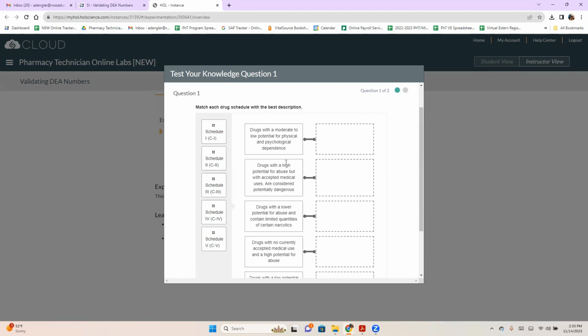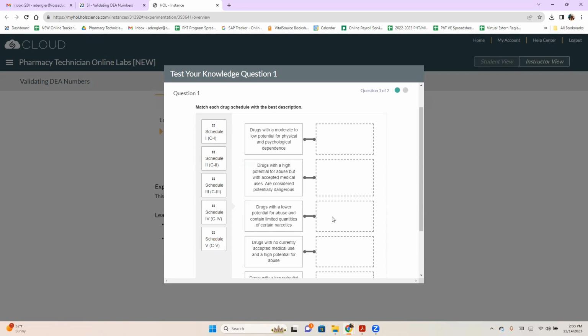Next, we have drugs with a high potential for abuse, but with accepted medical uses, considered potentially dangerous. That is going to be Schedule 2 drugs. The next box, drugs with a lower potential for abuse and containing limited quantities of certain narcotics. And that is going to be Schedule 5.